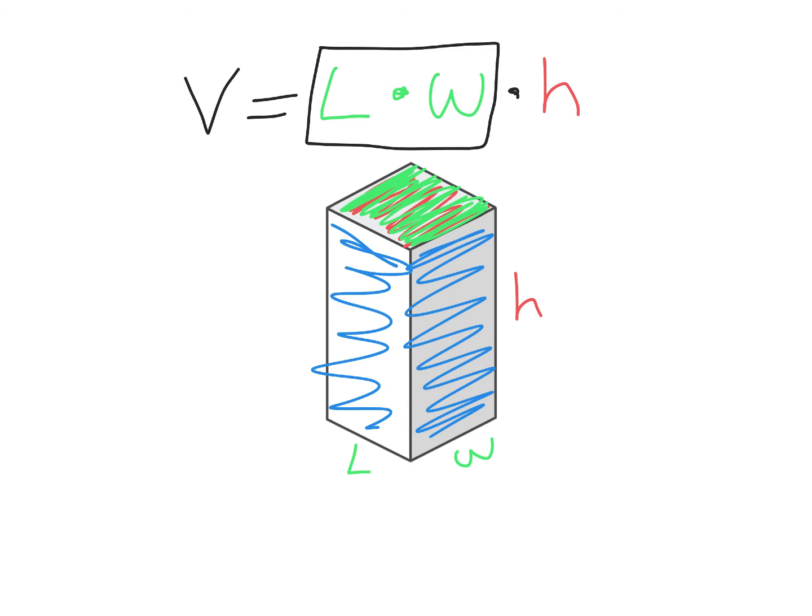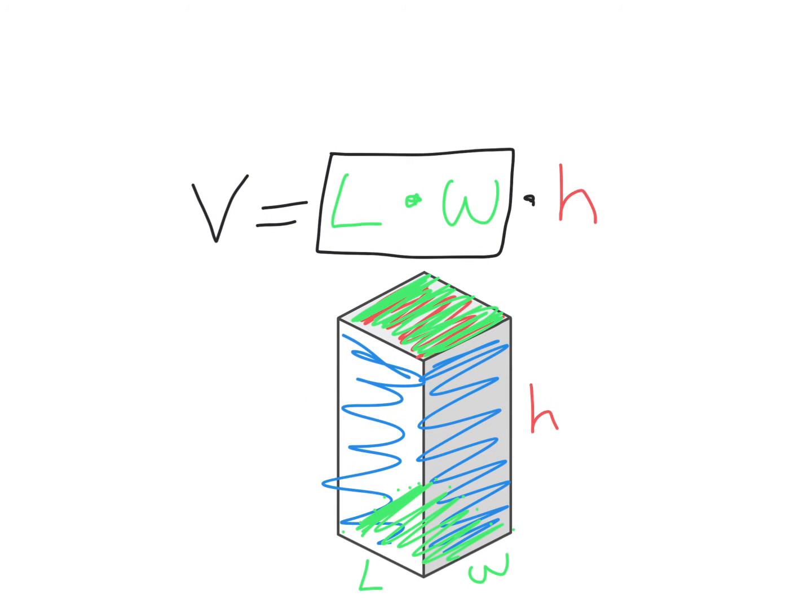With the way that this picture is written, I could draw in dotted lines to give you an idea of where the base is down here. I hope that you can visualize that. The length times the width is just the 2-dimensional area of the base. And then we multiply that 2-dimensional area of the base times the height. So this is just area of base times the height of the prism.